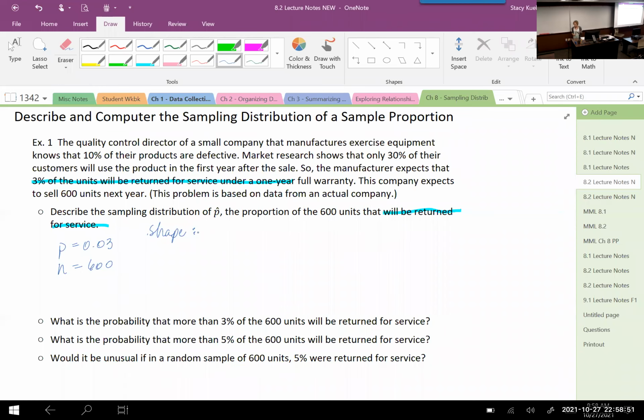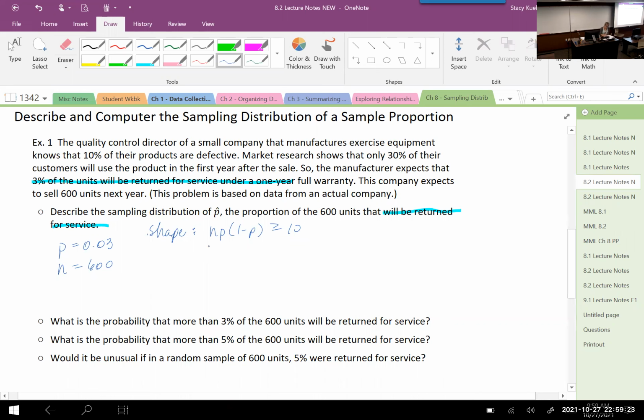We don't know any information about that. But in the formulas you wrote down, if the sample size times the proportion times 1 minus the proportion is greater than or equal to 10, I don't care what the population shape is because my sample will be normally distributed.